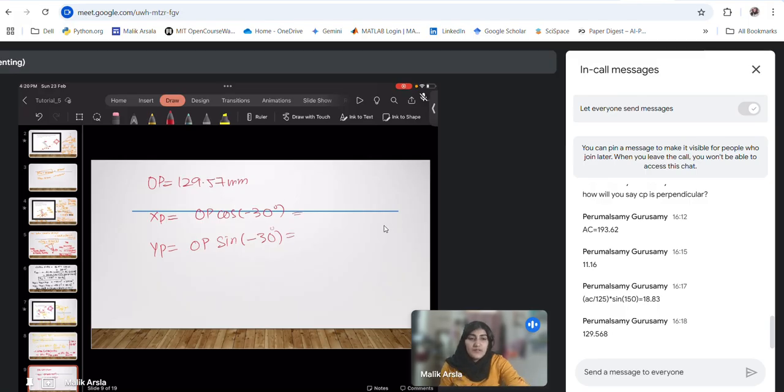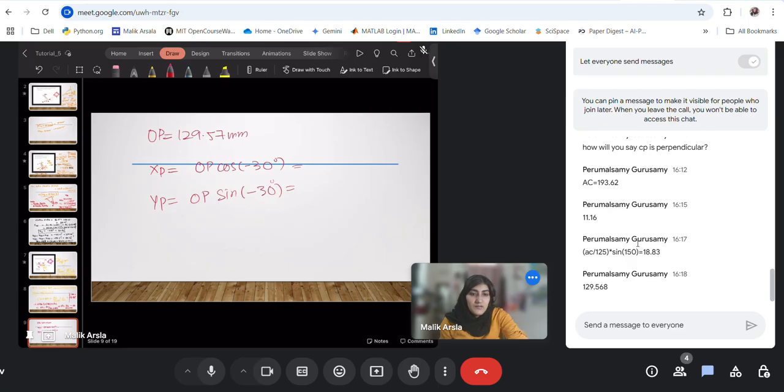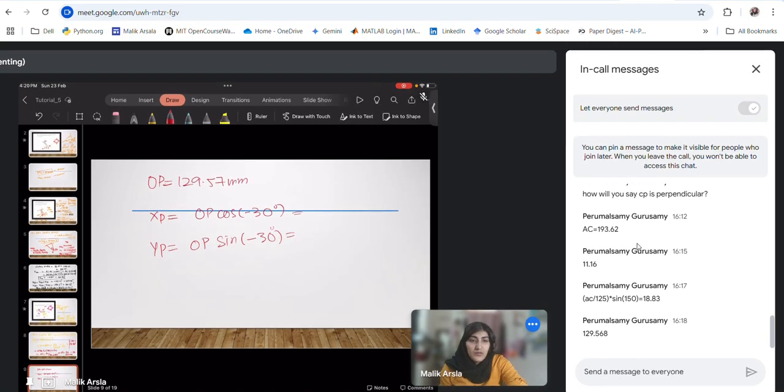So somebody raised his hand or what? Okay. So what are these values coming out to be? This thing is also obvious because the x component has to be positive and the y component has to be negative for the given configuration.